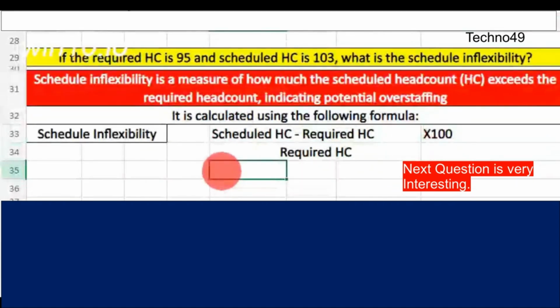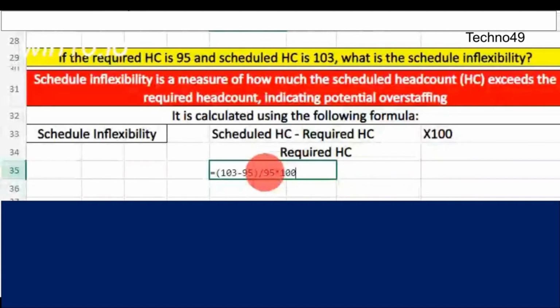Let's simply calculate this formula with the components we have. The scheduled head count is 103 minus required head count 95, in brackets, and then divided by the required head count, that is 95, and then multiplied by 100.